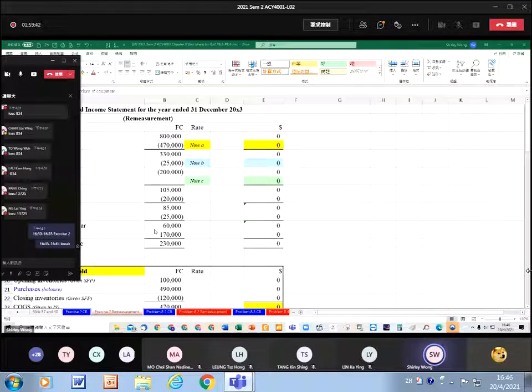So can you tell me what is the remeasurement gain or loss for this exercise 2?